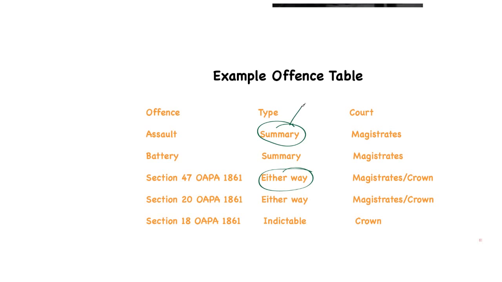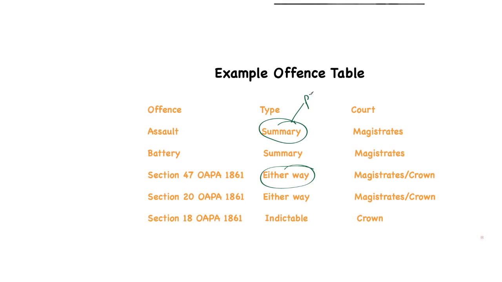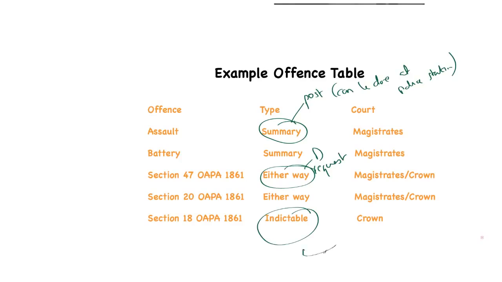This is normally by post, but can be done at the police station after charge. This is normally at defendant's request, so the defendant will be asked in the pre-trial stage whether they want an either way offence to be heard in the magistrates or the Crown Court, and then the indictable can only be heard at Crown, so only at Crown, just as you're aware.